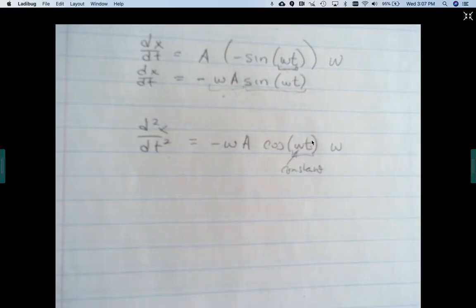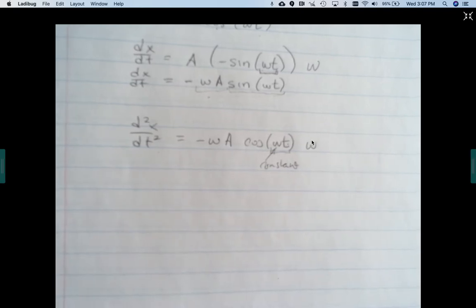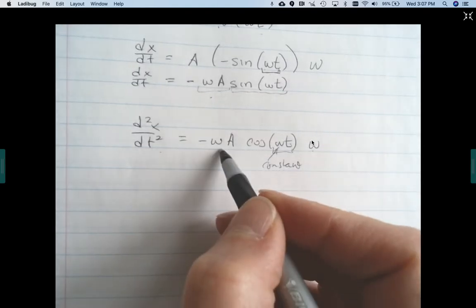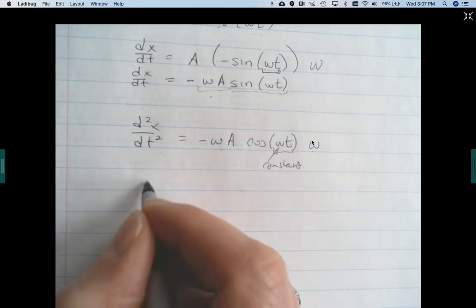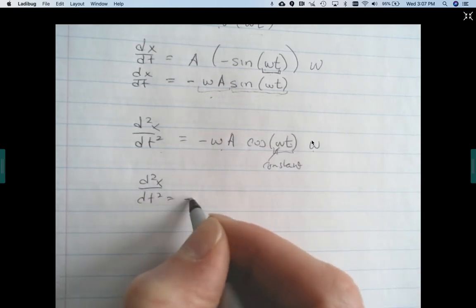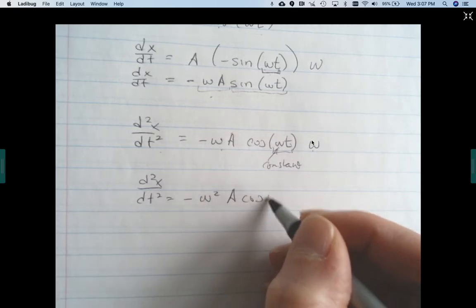That makes that a little easier, huh? Okay, so now we can combine our omega factors, right? So we have d squared x/dt squared is minus omega squared A cosine omega t.